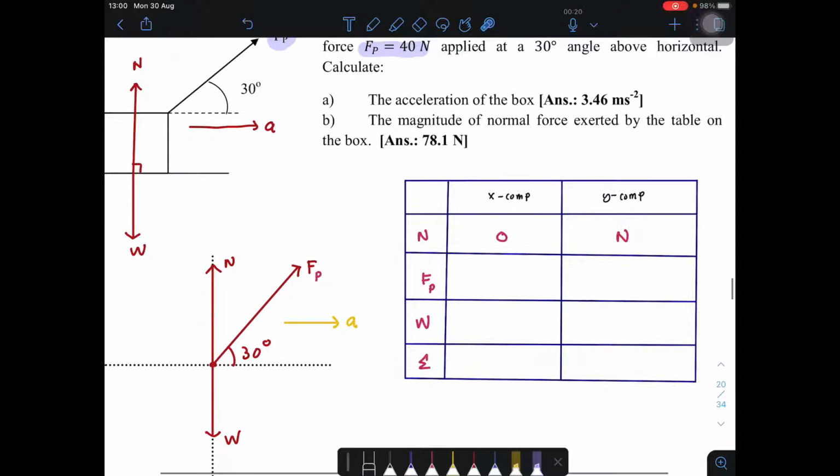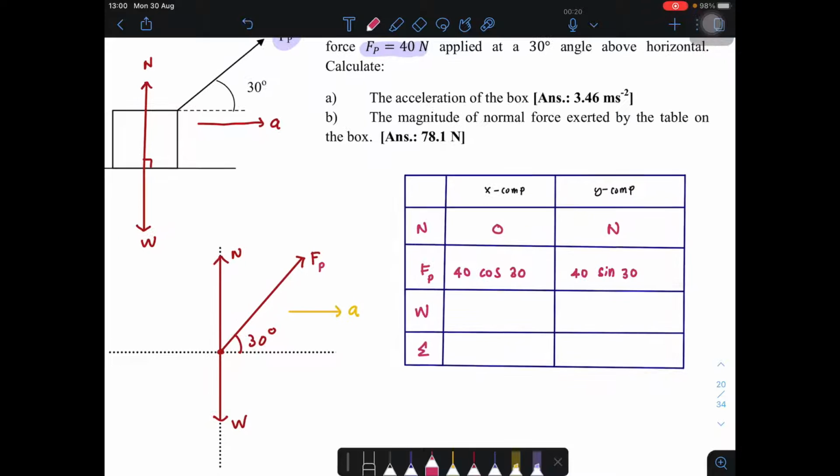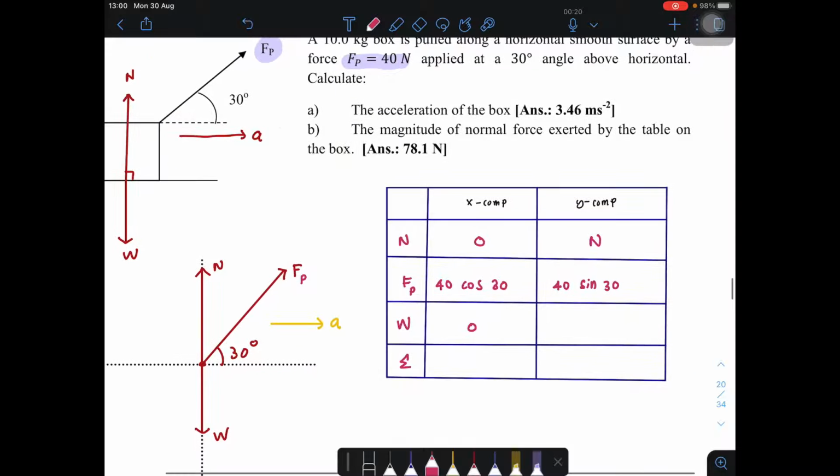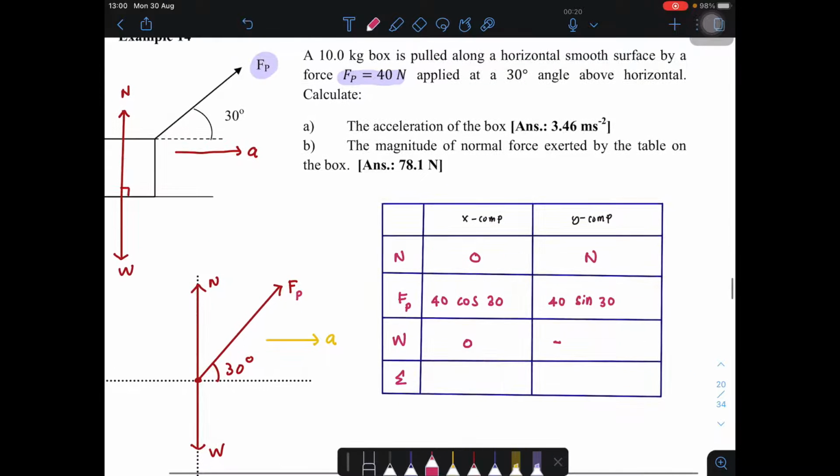FP is 40 cos 30 here, and 40 sin 30 there, and weight is going downward, so it will be negative mg. So m is this one times g.